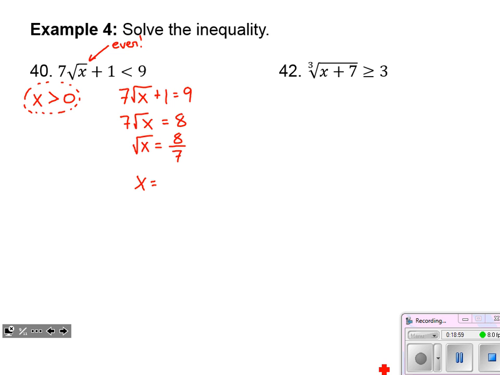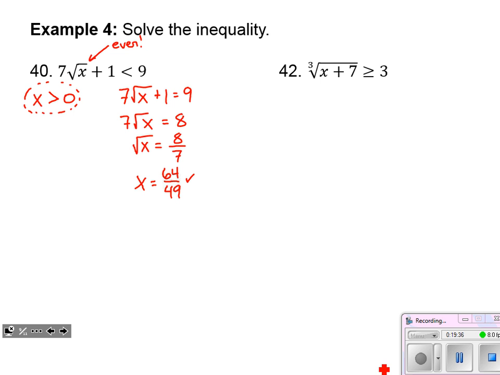And find that x equals, when we square both sides, 64 over 49. Okay, and we could go back and check that in the equation that we created up above to make sure that works. The square root of 64 over 49 is 8 over 7. Times 7 is 8, plus 1 equals 9. So the answer does check out. We would want to take a second to make sure that works.